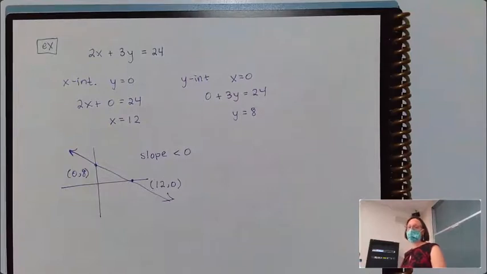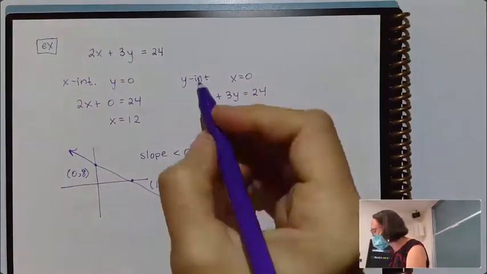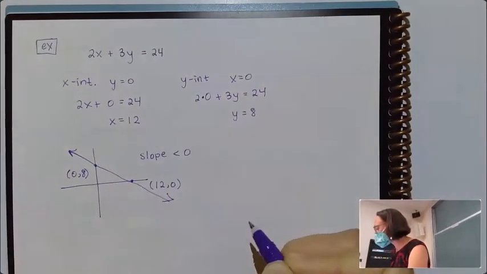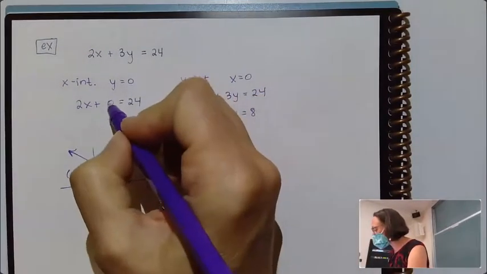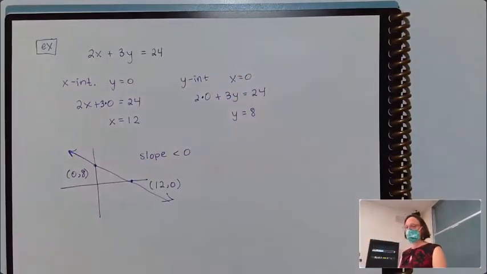There's a question in the chat about my zeros, and for completeness, I could have written this 0, for example, as 2 times 0. And I could have written this 0 as 3 times 0. I honestly was being lazy, so my apologies for that.